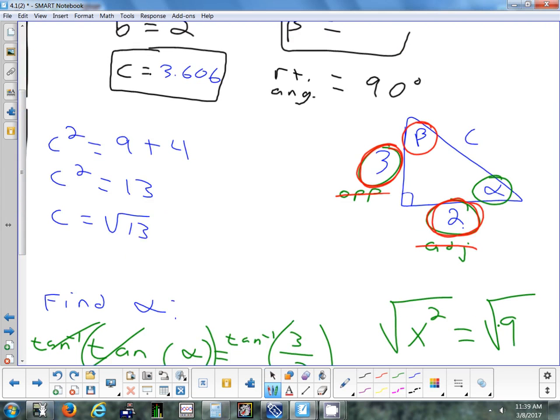Adjacent. Now, that's adjacent. And what about the side that's 2 units long? That's opposite. It's the same two sides, they've just switched places. So what trig function does that mean I'm going to use? I'm going to end up using tangent again.